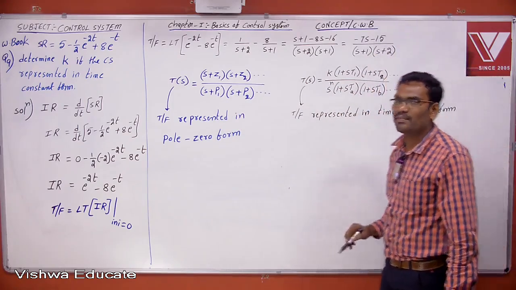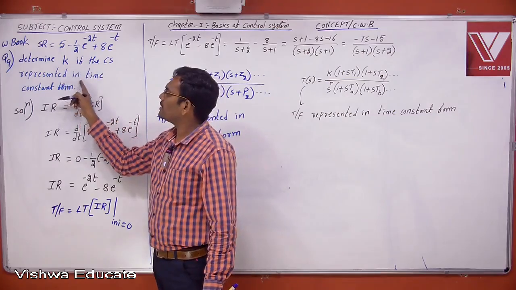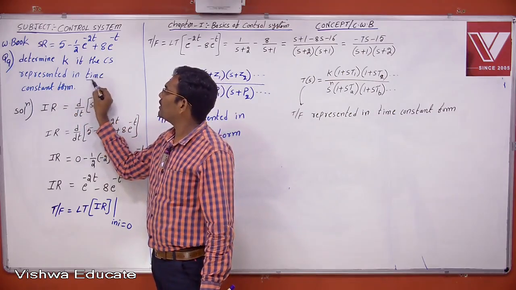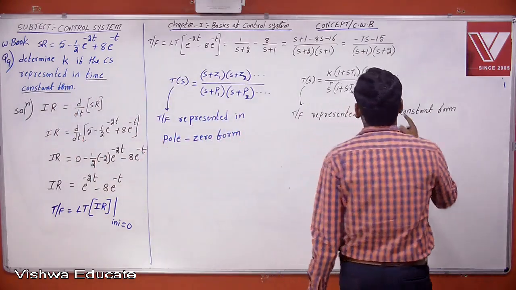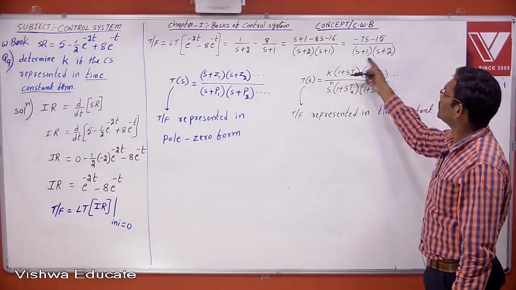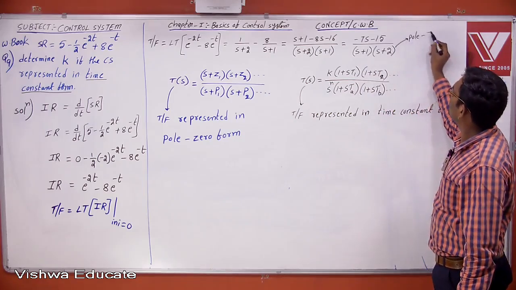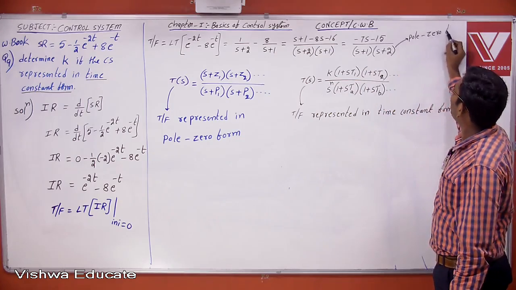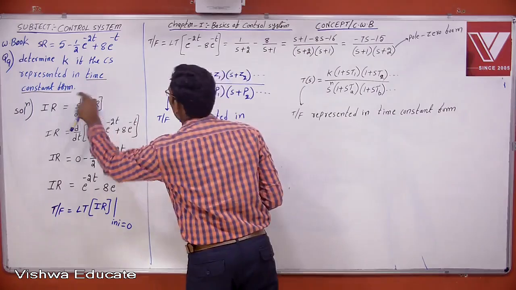But the question mentions the time constant form. I want the system gain if the transfer function is represented in time constant form.